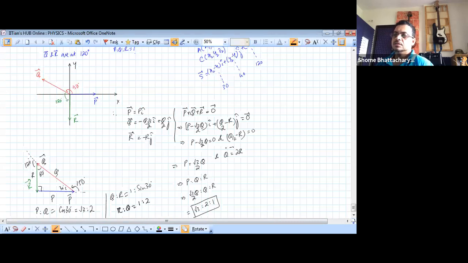That's the same as this. This is the same as this. And this is the same as this. So that's another way of doing this problem. Alright, so that completes question number 16.